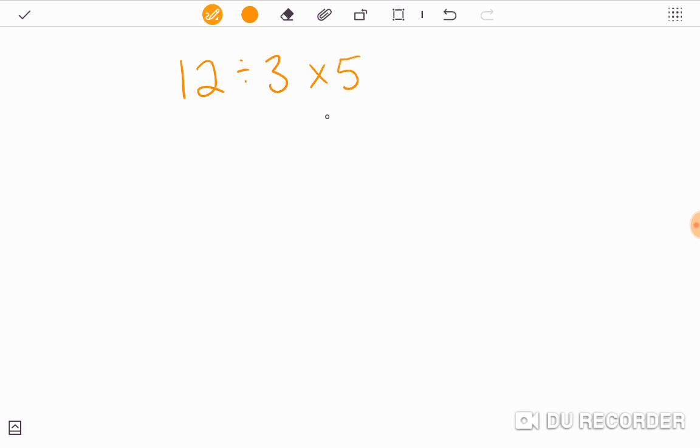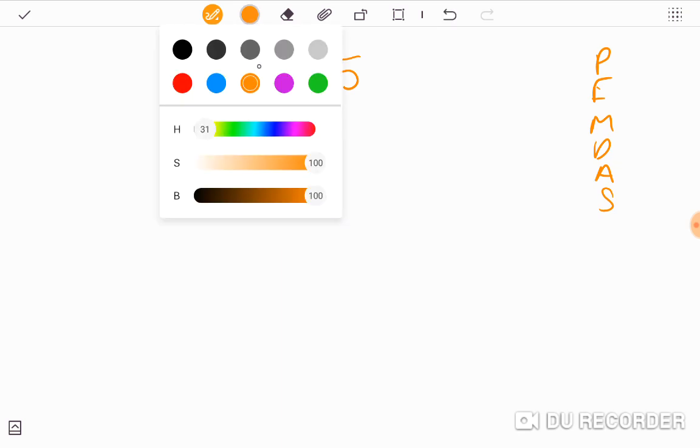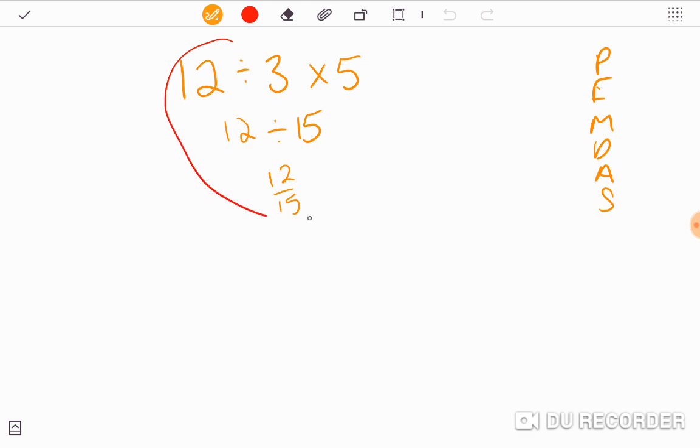Okay, so if we do PEMDAS and we didn't know that weird rule, watch what happens. We would go through parentheses, no, exponents, no, multiplication, yes. We do have multiplication. We would get 15, and then we'd have 12 divided by 15, and we would get 12 over 15, which is not the correct answer. This is actually wrong.